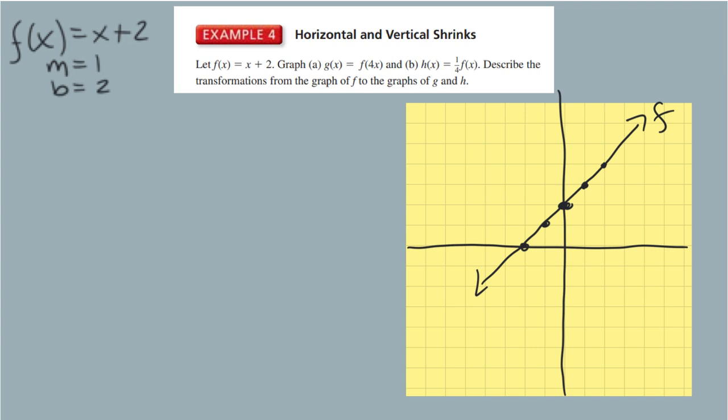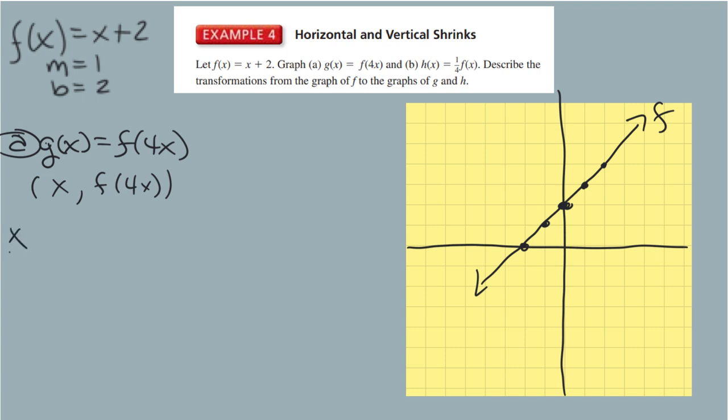Now for A, they're telling us the line g of x equals f of 4x. What we're going to do here is create a table.